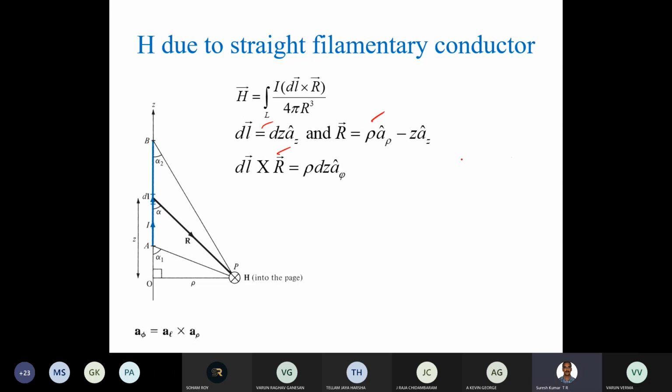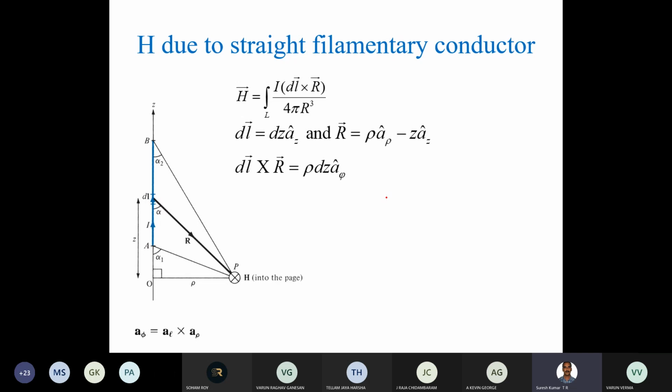Next, before plugging all this into the integration, let us write r vector. R vector is rho into a rho minus z into az. If you take the magnitude, I'm talking about the denominator, it would be the square root of rho square plus z square. But we planned not to express the length of the wire in terms of z. We want to express it in terms of angle.